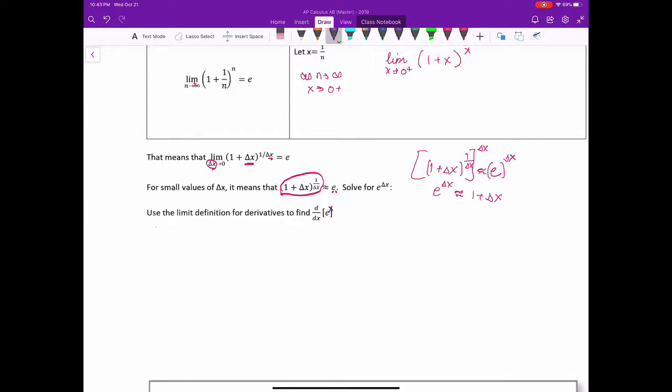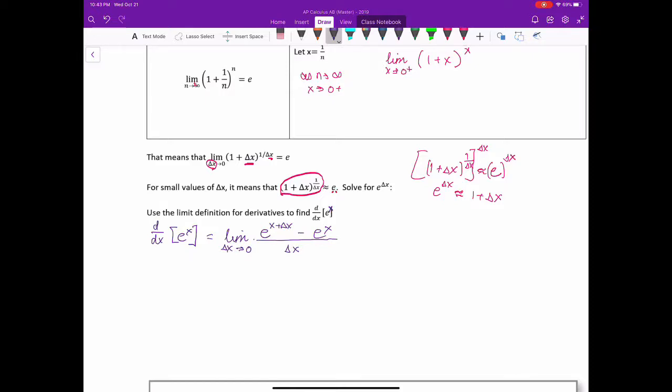So we're finding the derivative with respect to x of the exponential function e to the x. So, limit as delta x approaches 0 of e to the x plus delta x minus e to the x over delta x.